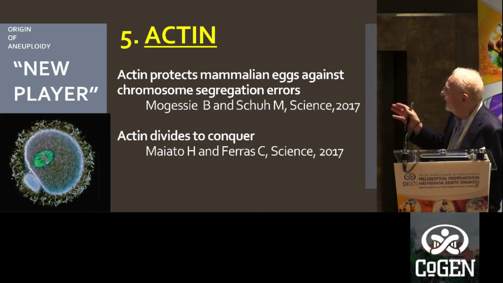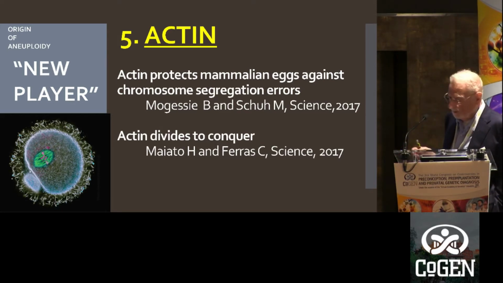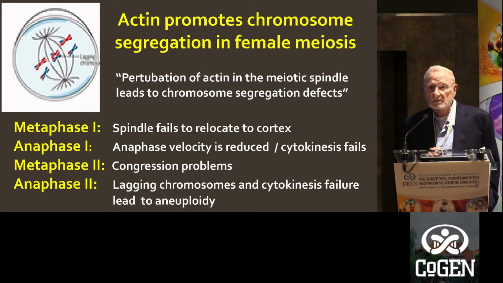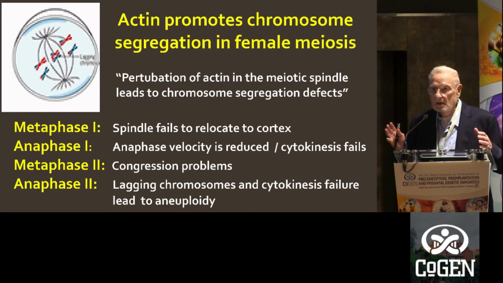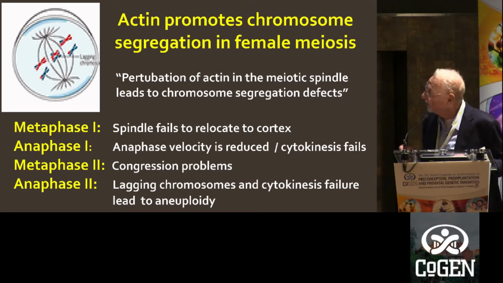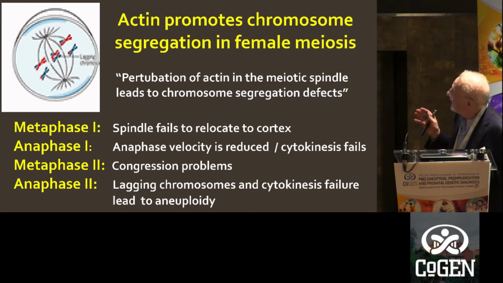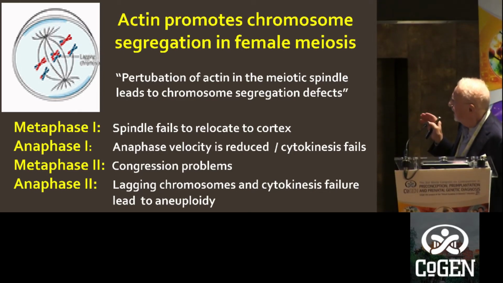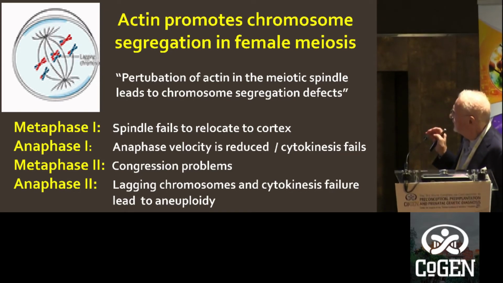And this is a paper by Mogessie and Schuh in Science, again, January of 2017. So we are faced with a whole series of different biological systems, like constellations in the universe, all interacting, circling around one another. Actin apparently promotes chromosome segregation in female meiosis, and any changes in actin apparently lead to errors in chromosome segregation.